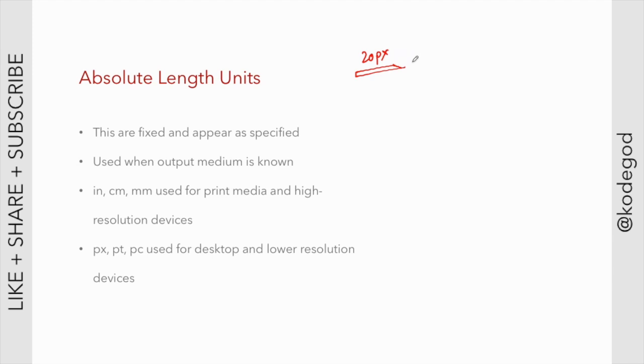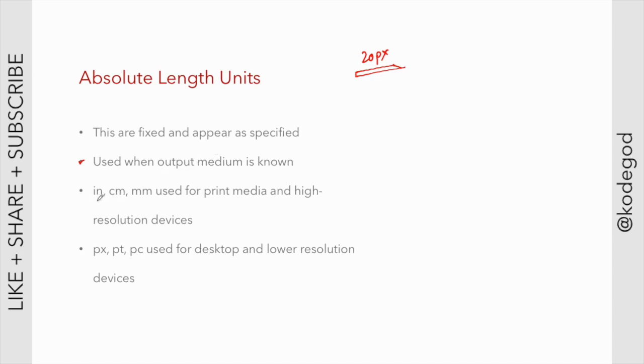It doesn't matter whether you view this content on a mobile device or a desktop device; on all devices it will be displayed in the same size. As I mentioned earlier, it is used when the output medium is known, as in when you know that the end user is going to view this website on a desktop device only or a mobile device only. In those cases you can make use of absolute length units.